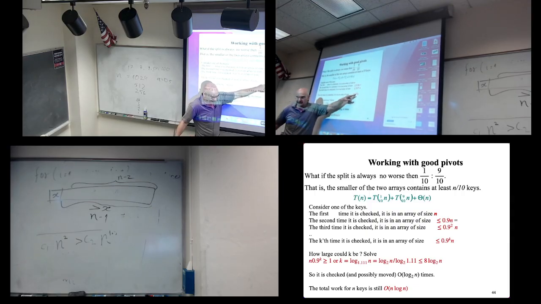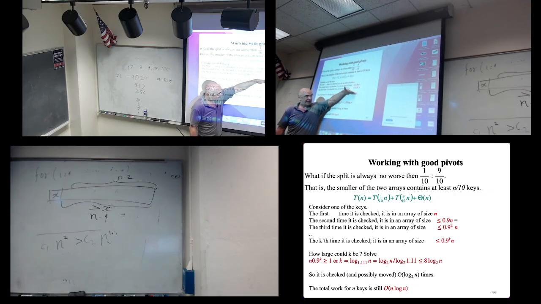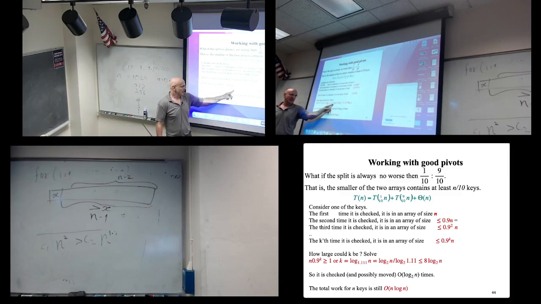How many times will I be transferred, even in the worst case? After 0.9 times n, my array becomes constant size. So I will be shifted from place to place log to the base, now it's not log to the base 2, it's log to the base of 10 over 9. 10 over 9 is 1.111111111.